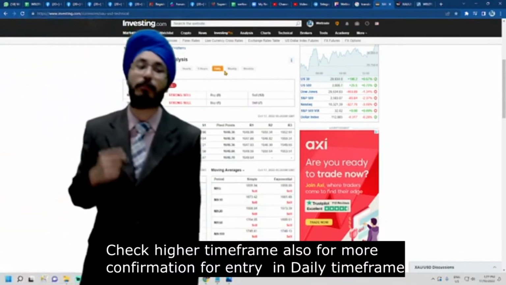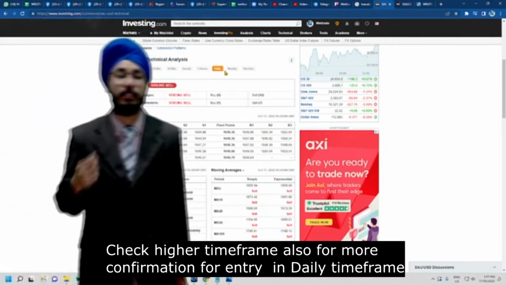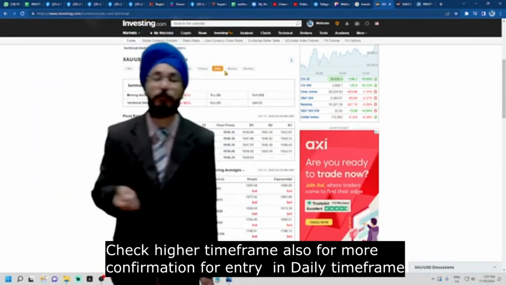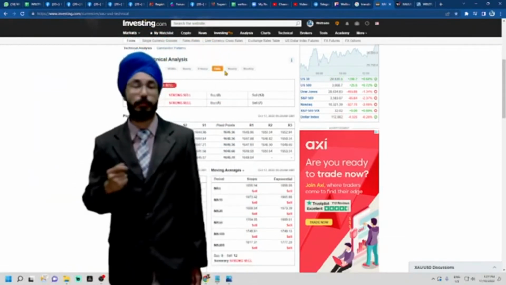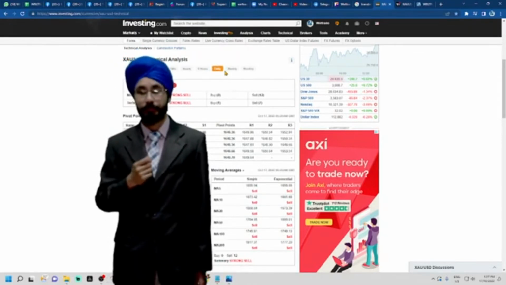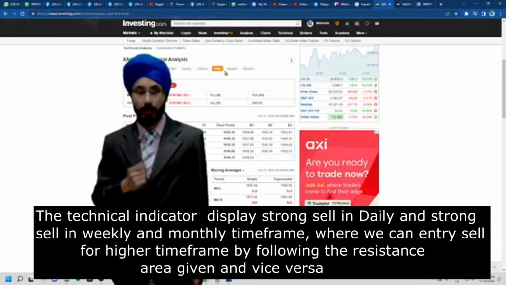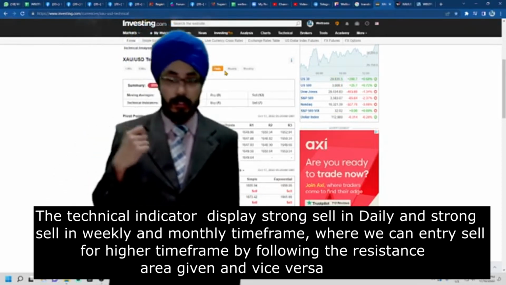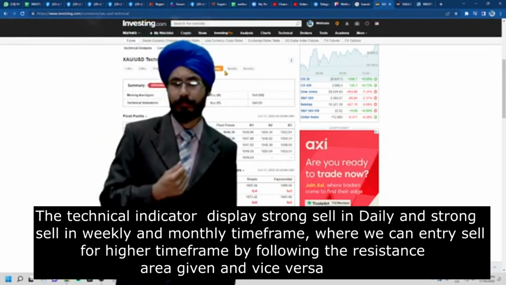This shows that our trend for the sell is stronger at the higher time frames, and this will help us place the sell at daily as well. We can always check whether this is the correct trend.